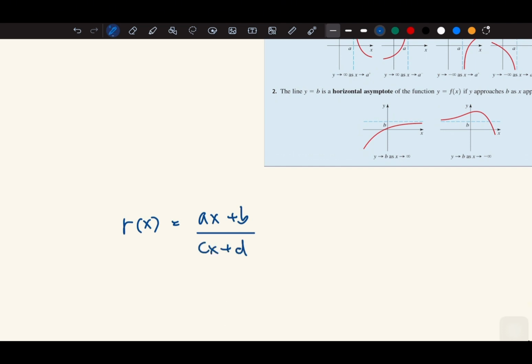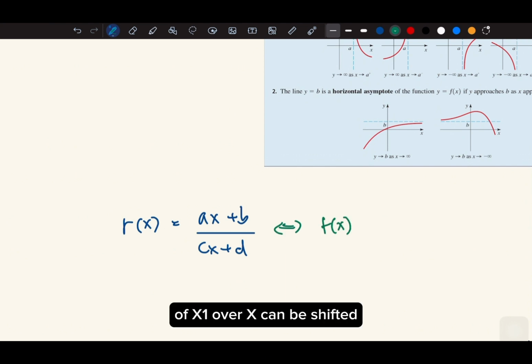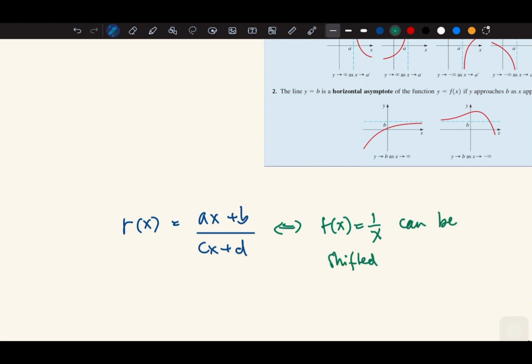So the graph of f of x equals 1 over x can be shifted or transformed.